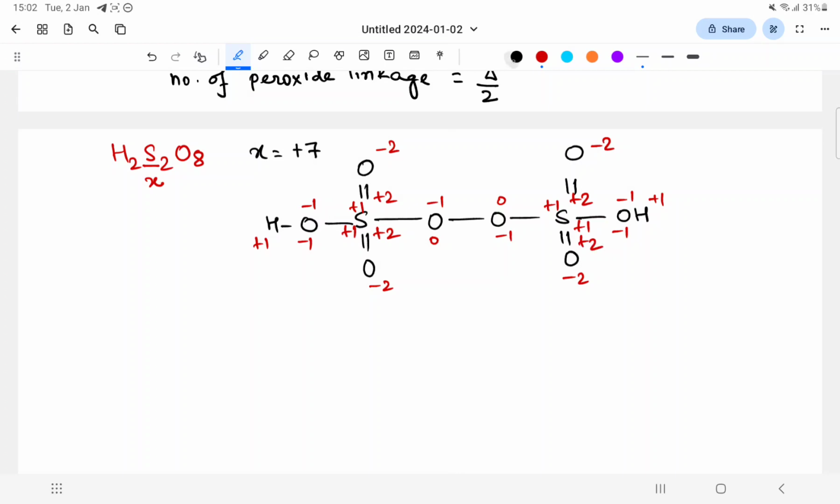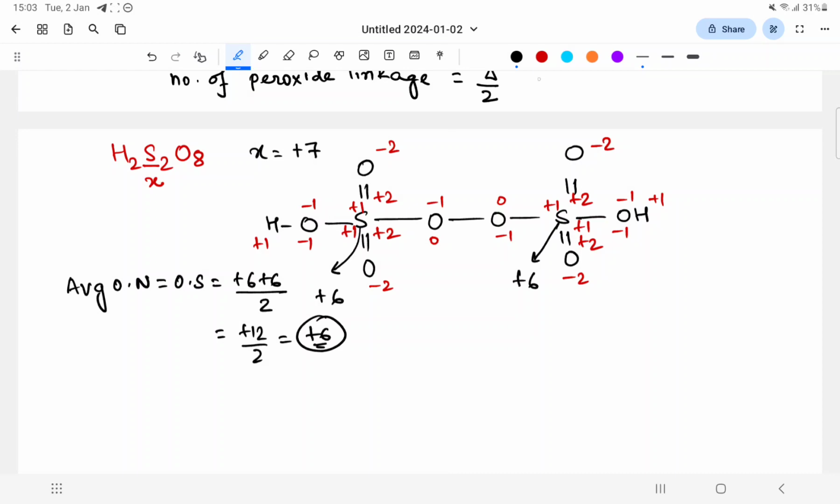Now if you take each sulfur atom together, like say this one, it is 2 4, +6, and here also if you take it, how much is coming, guys? +6. So even if I calculate the average oxidation number, which is actually the oxidation state, how much will it come, guys? 6 + 6 by 2, total 12 by 2, that is +6.